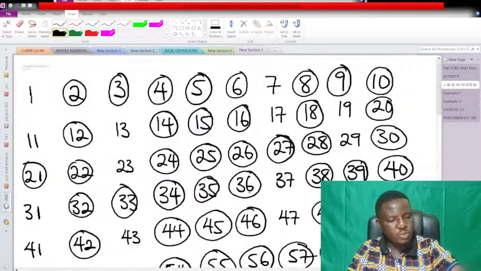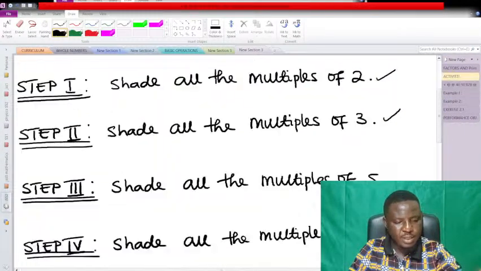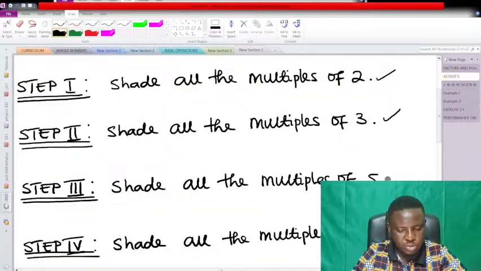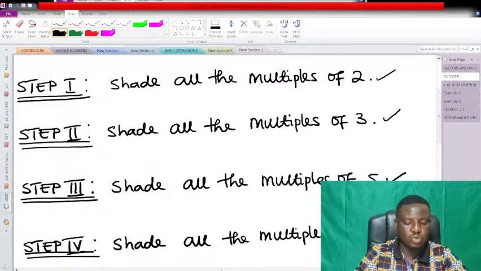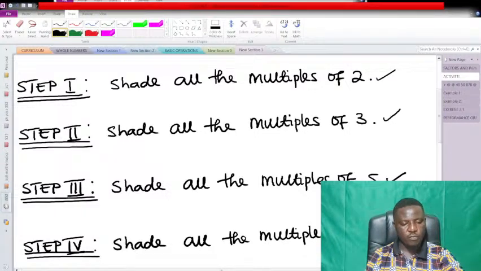So we have just completed the third step, which is to shade the multiples of 5.